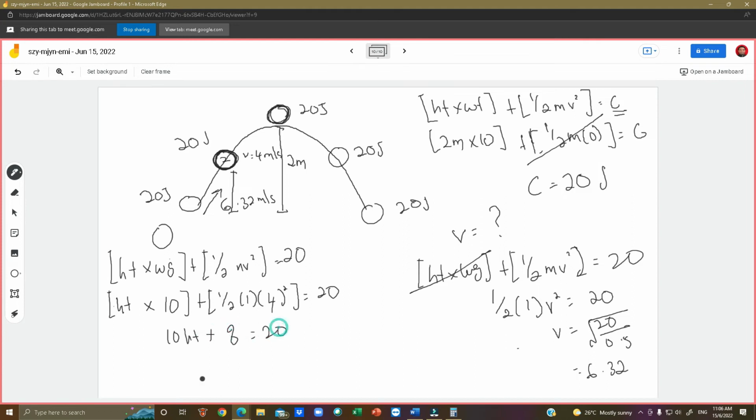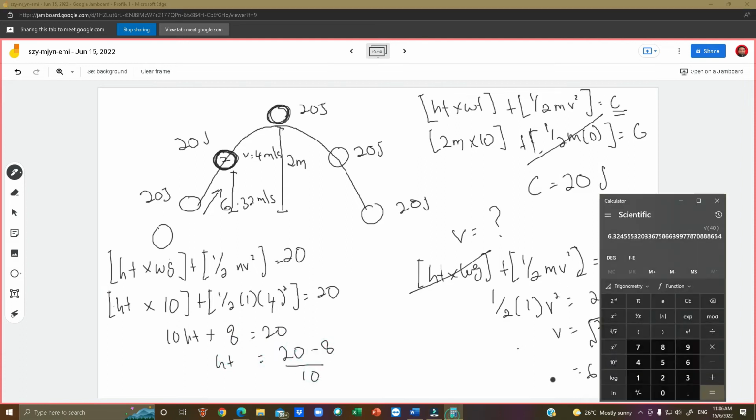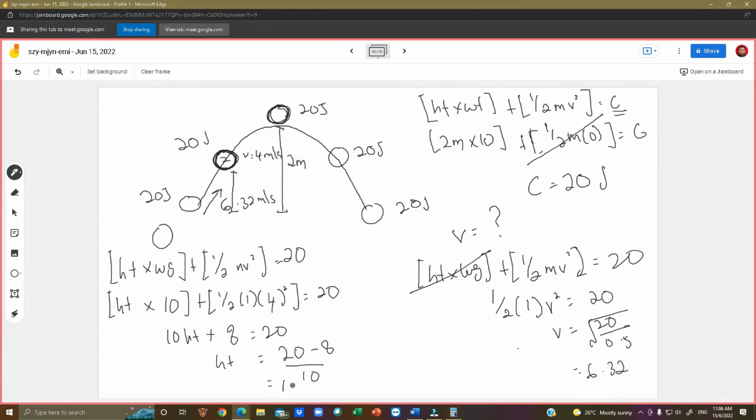Equals to 20. So height equals to 20 minus 8 divided by 10. 20 minus 8, 12, divided by 10, divided by 1 pula. 12 divided by 10, we have 1.2. So, this ball at second phase is only 1.2 meter.